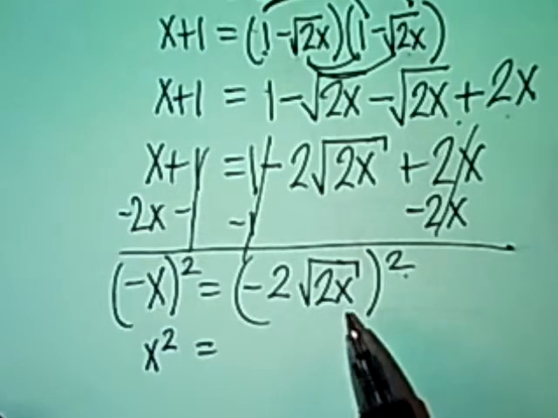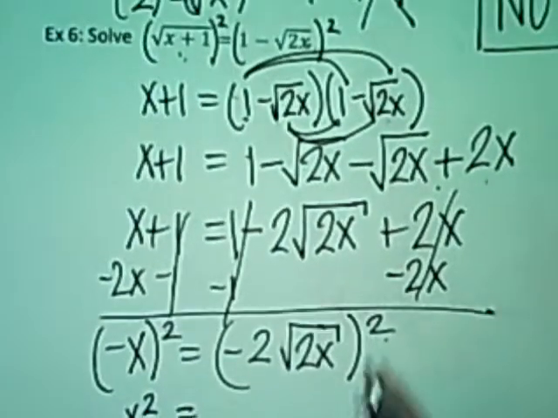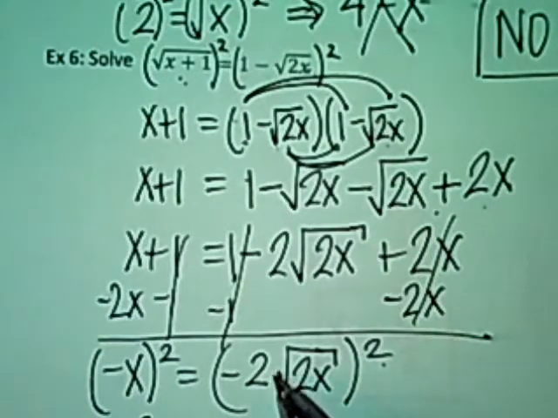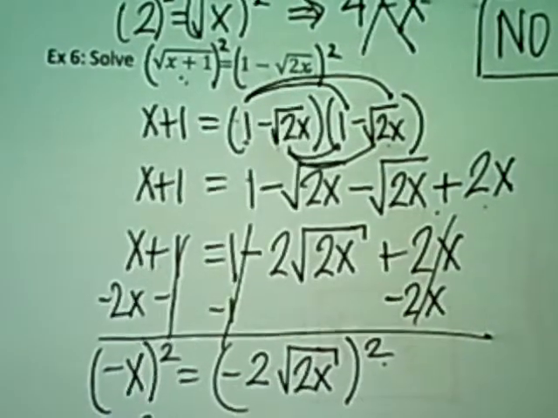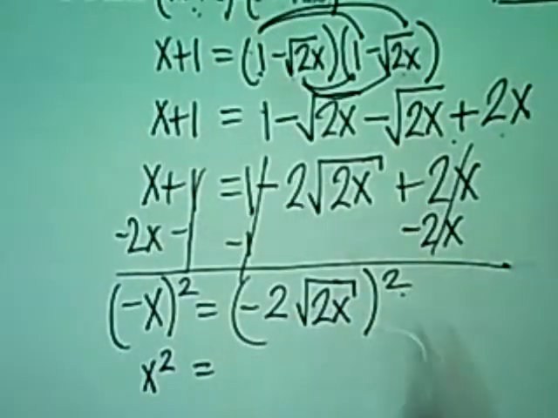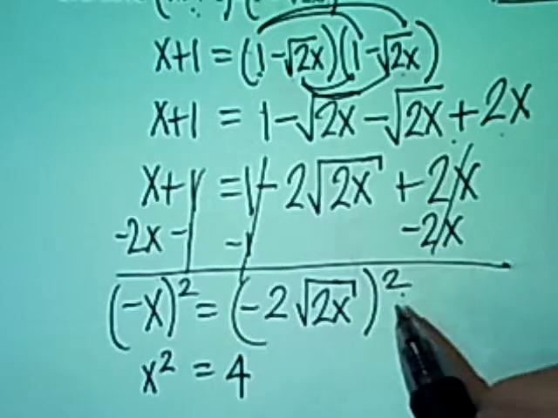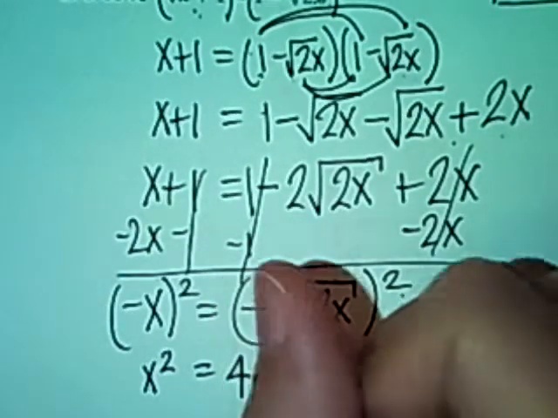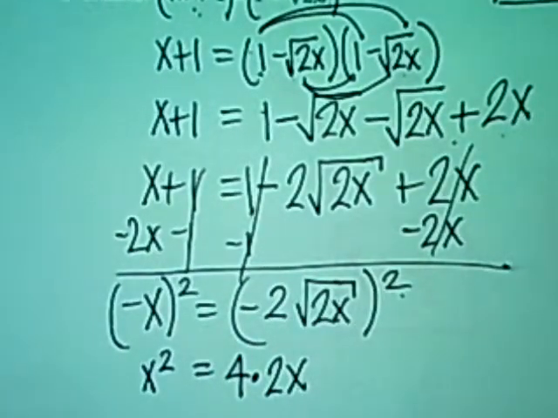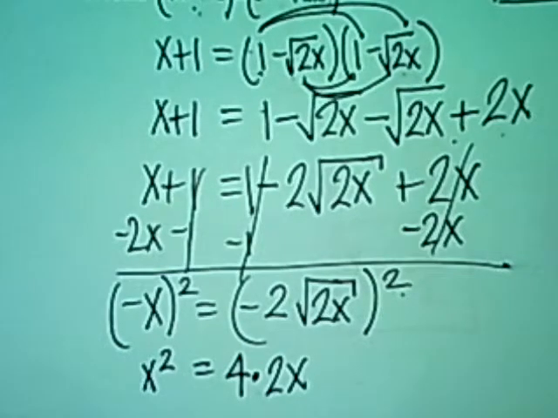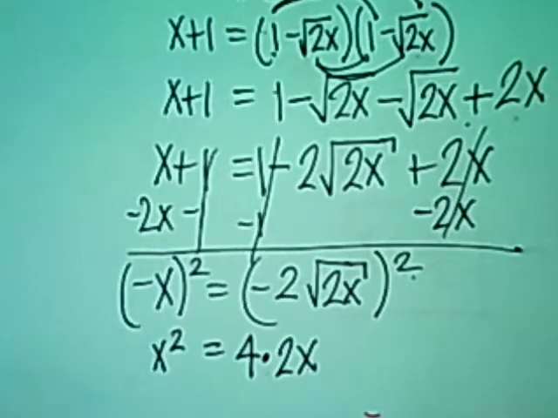And the reason why you can do it here and not up top is because now these are multiplication, the operation between them, where up here was a minus. So I'm going to square each piece. So squaring negative 2 is going to give me 4. Squaring this is going to give me just what's underneath the radical. Remember, the operation's multiplication. So now you end up with an x squared.